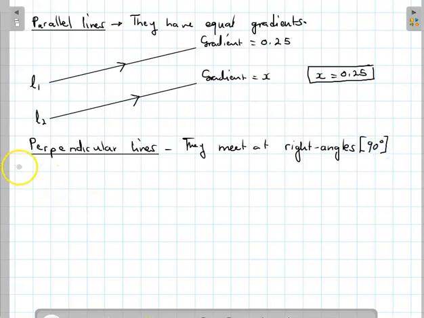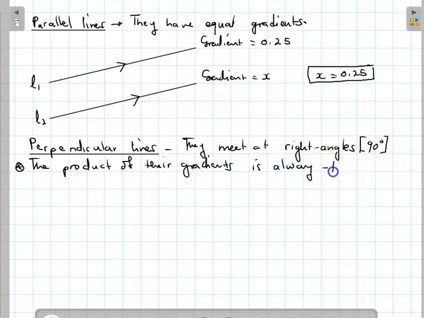Okay. Now, what should we know about their gradients? So the product of their gradients is always -1. So once someone tells you that two lines are perpendicular, then know that the product of their gradients is -1.